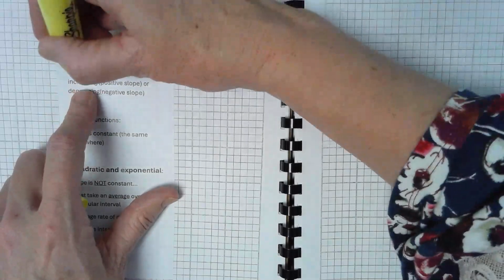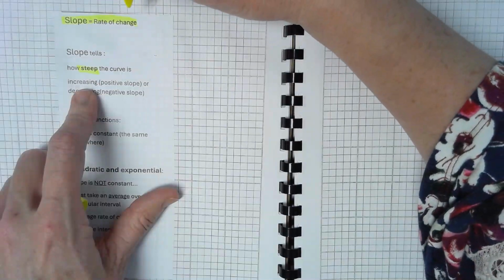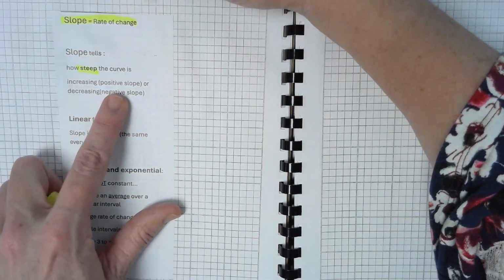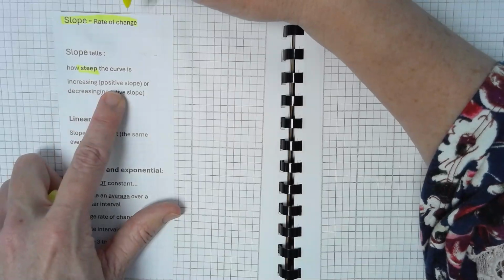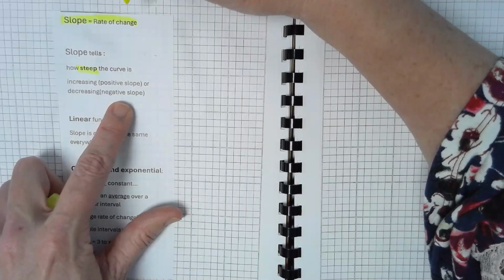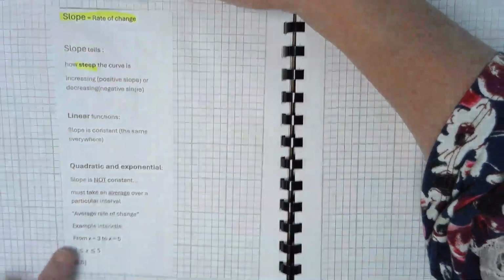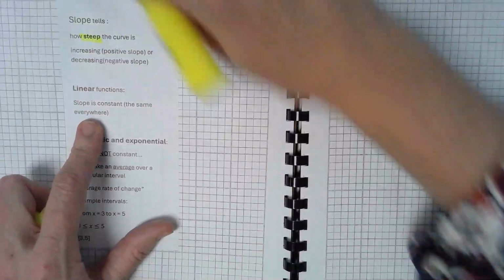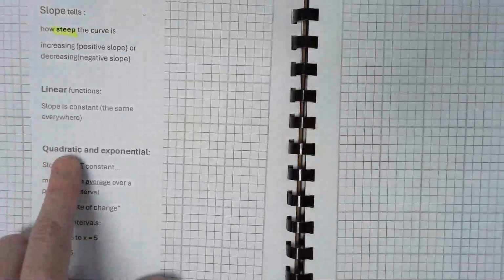With slope, if it turns out to be a positive number, we know that's where the graph is increasing. If the slope is a negative number, the graph is decreasing. Now here's where this gets harder, because I know you know how to find the slope, but it gets harder when you're distinguishing between these types of graphs.